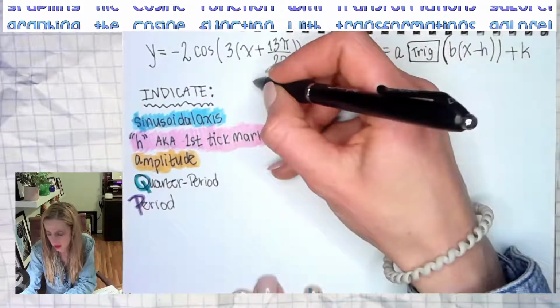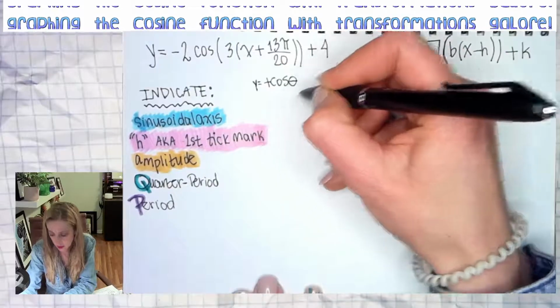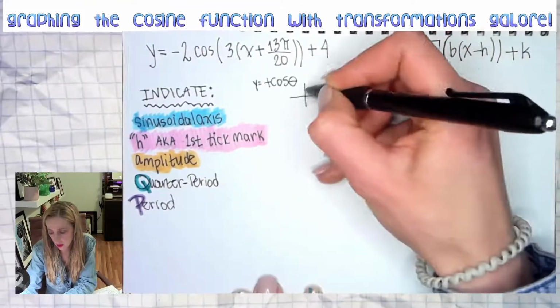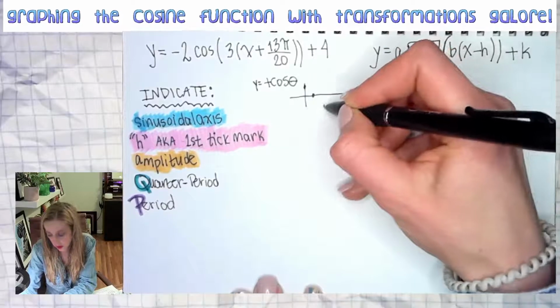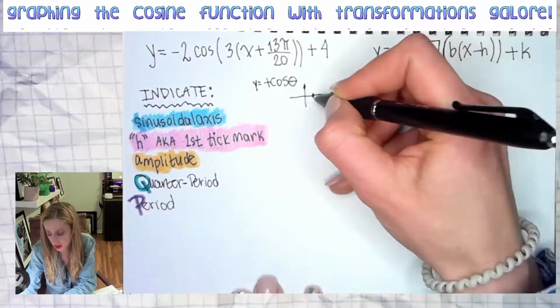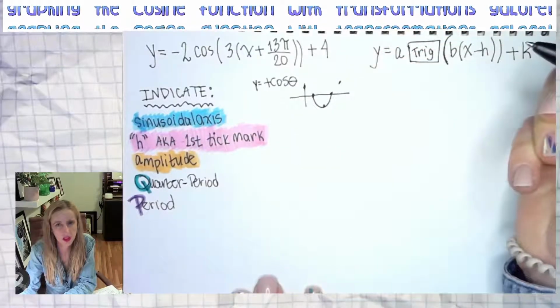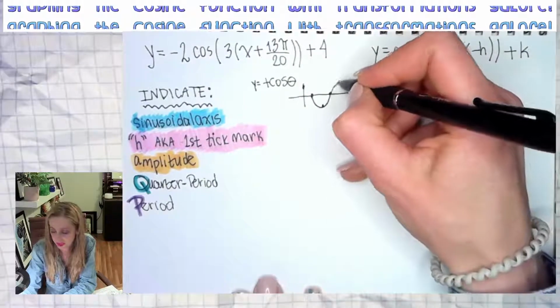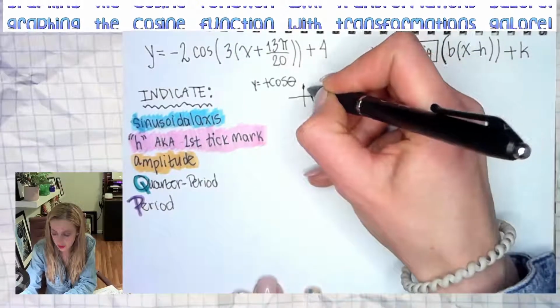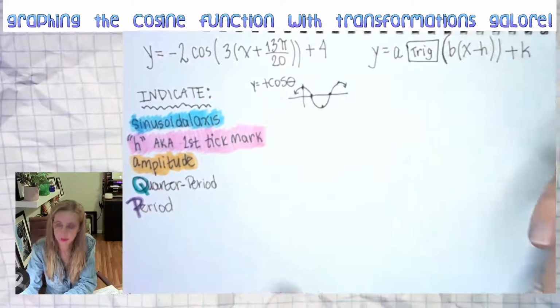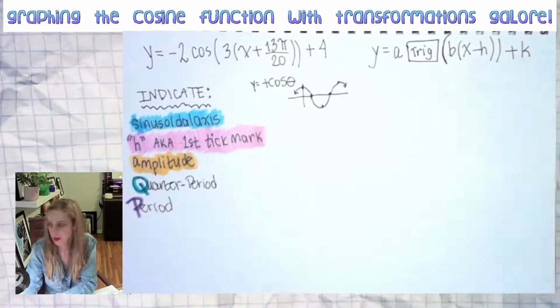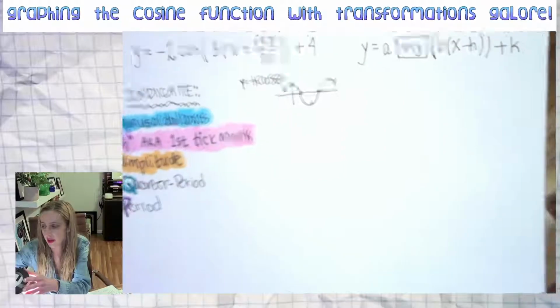If it's positive cosine, we're going to have a shape like this, like a V opening upwards. In the middle, concave up, looks like a pup. Concave down, looks like doggy ears. There's positive cosine.